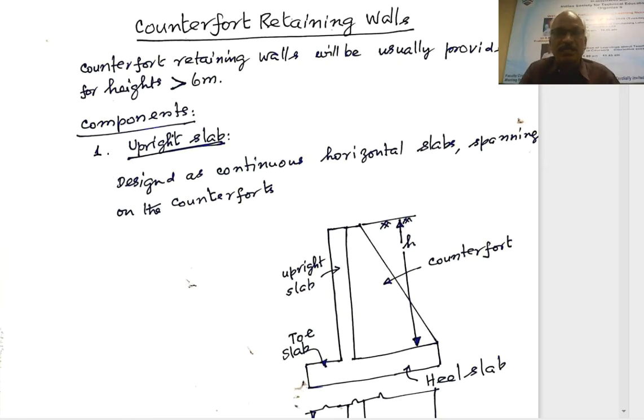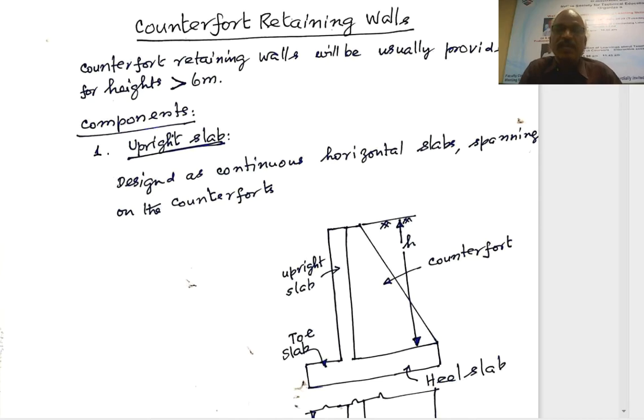Then in the last lecture, lecture number 152, we have discussed a numerical problem on the design of a cantilever retaining wall. So in this lecture, we will take the next topic, namely counterfort retaining wall.